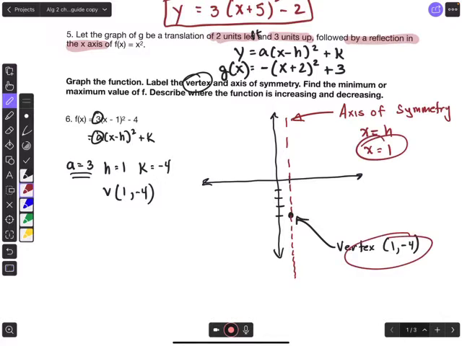And so there's our axis of symmetry. There's our vertex. Minimum value or maximum value? Since I know this parabola opens up, it goes up like this, it's going to be kind of narrow because it's a 3.